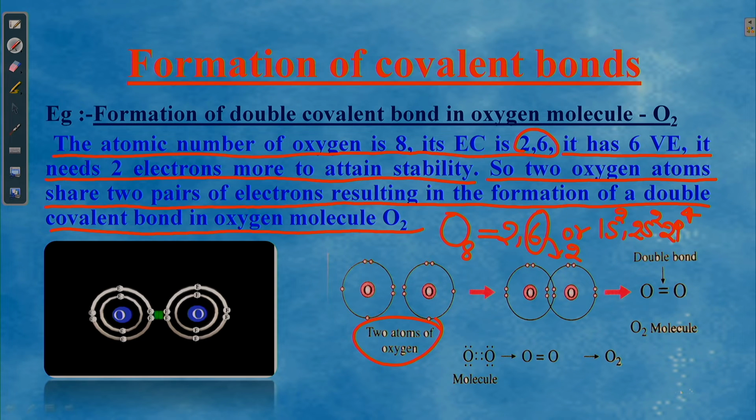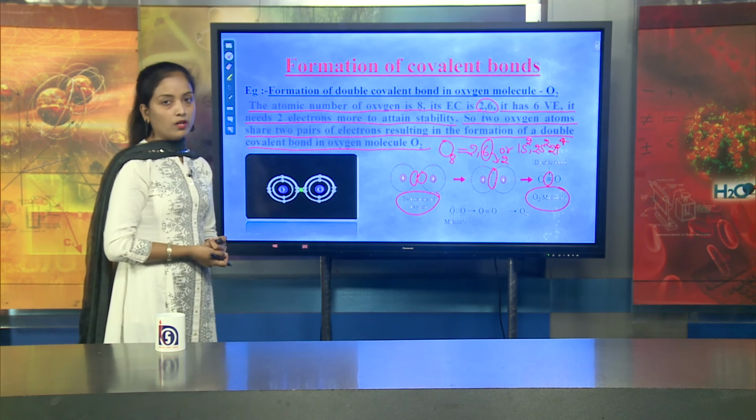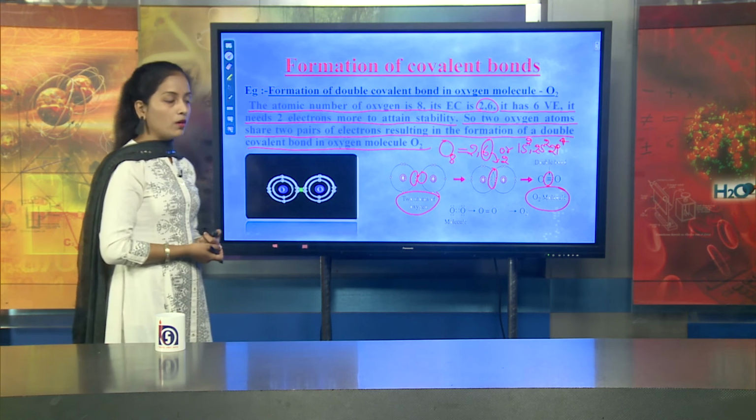So for completing this, both the oxygen atoms form a covalent bond by sharing 2 electrons, these are shared pair electrons, and because they shared 2 electrons, that is why between these 2 atoms there is a double bond. So now we can say that this will convert into an oxygen molecule. So after making the covalent bond with the 2 electrons, it will form a double bond.